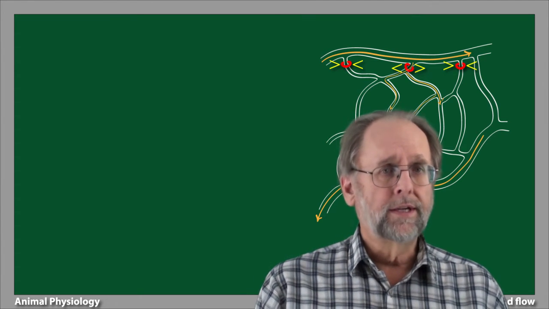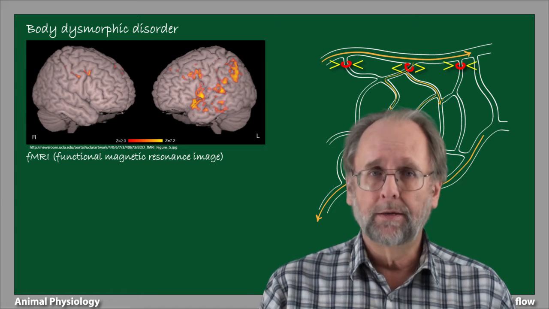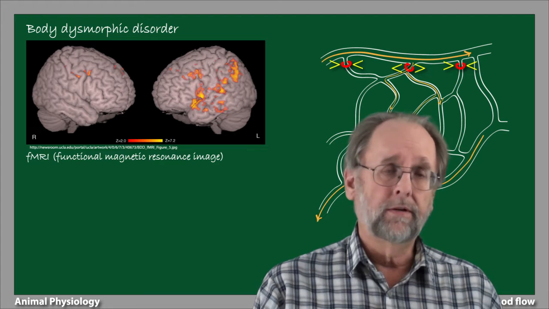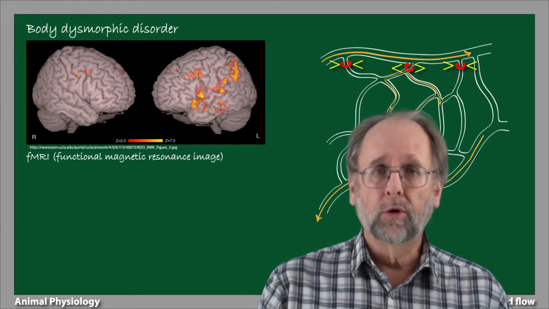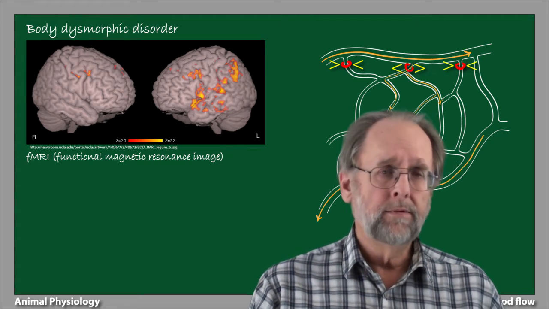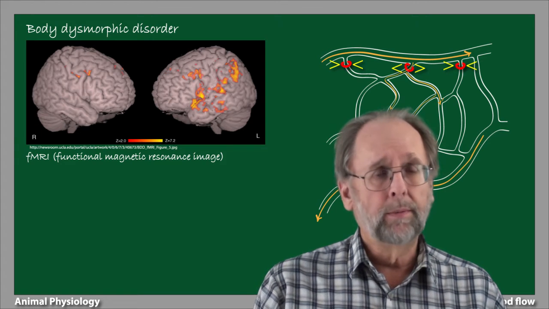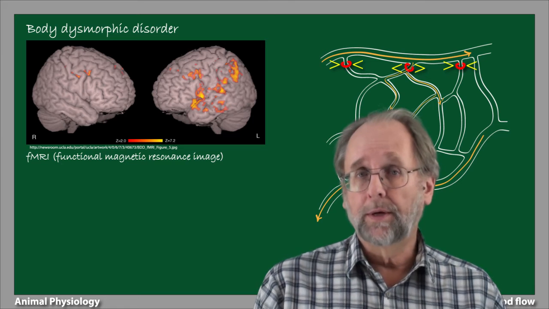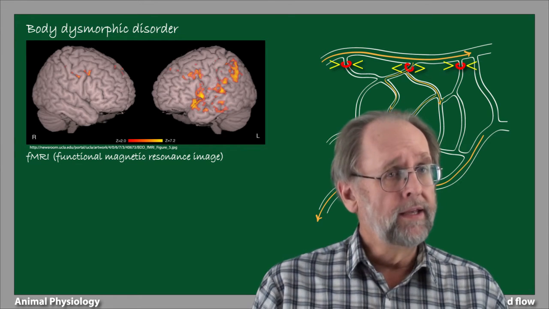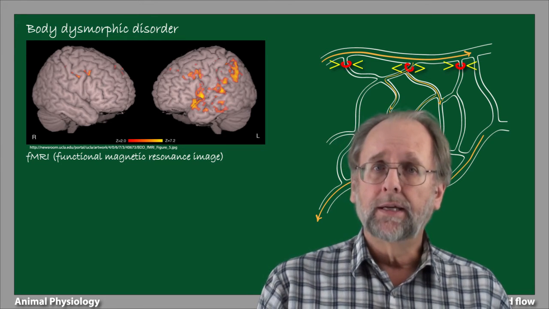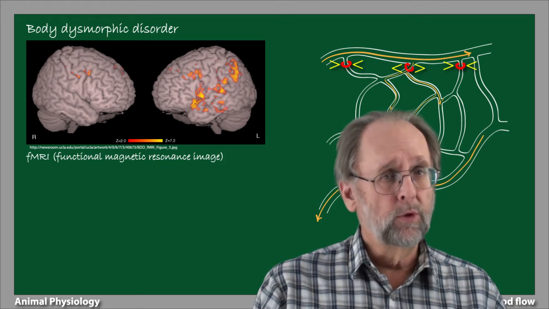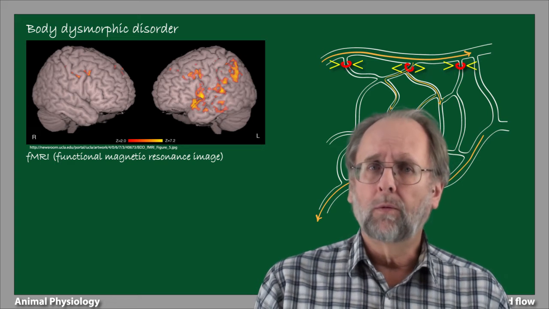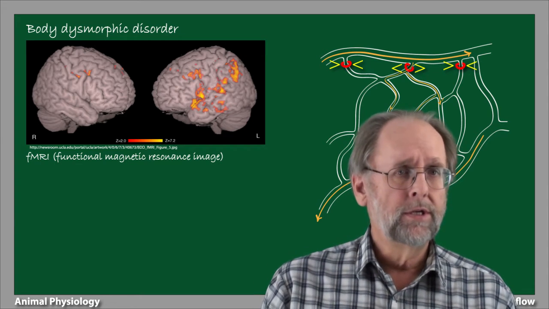To illustrate this, here's a functional magnetic resonance image of the left and right hemispheres of the brain of a person suffering from so-called body dysmorphic disorder, which seems to be tied into distortions of people's own body image. Anorexia nervosa, in which someone thinks she is overweight even if she's objectively quite thin, is one example of a body dysmorphic disorder.